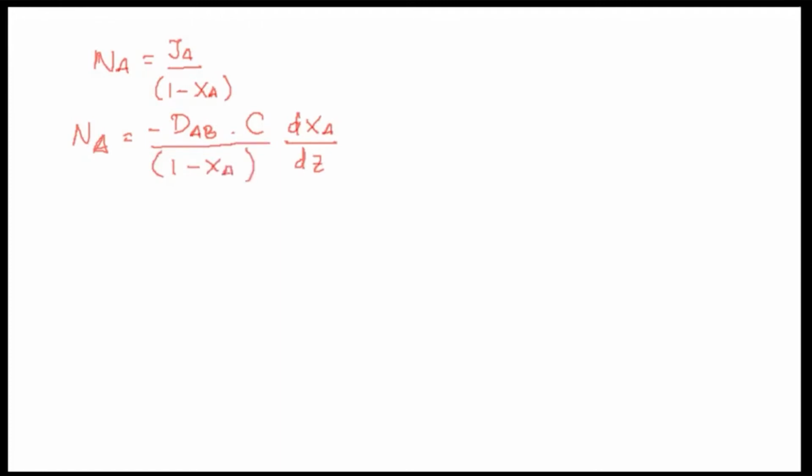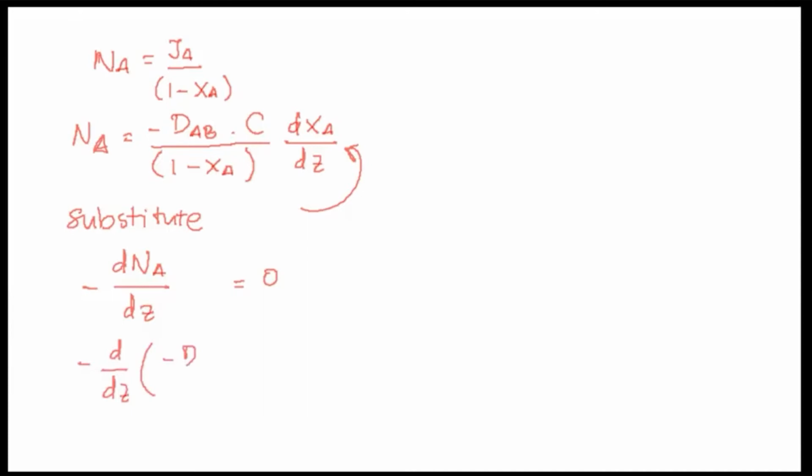Let's substitute this equation into the balance. Oh sorry, I think I forgot the minus over there. Equal to 0. Now what we have is minus d per dz times minus DAB C over 1 minus XA times dXA over dZ equal to 0.